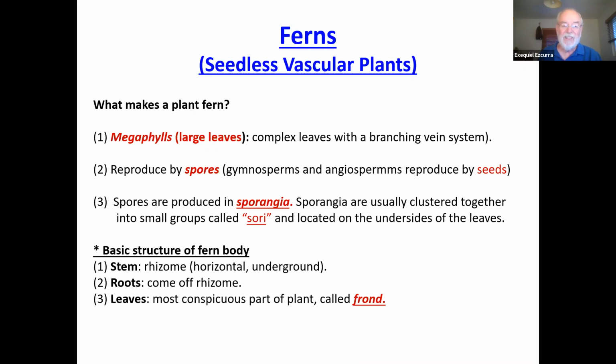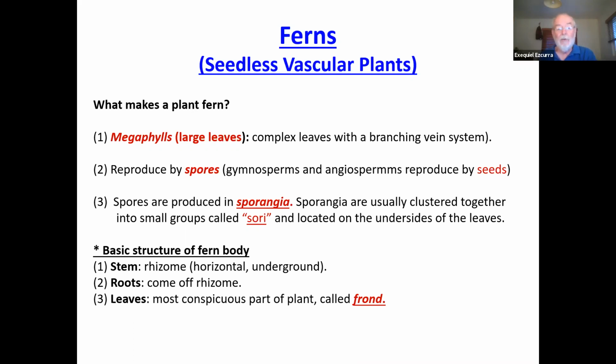They don't have seeds or flowers or cones or any type of visible reproductive structures other than some little dots on the underside of the leaf where the spores are produced.